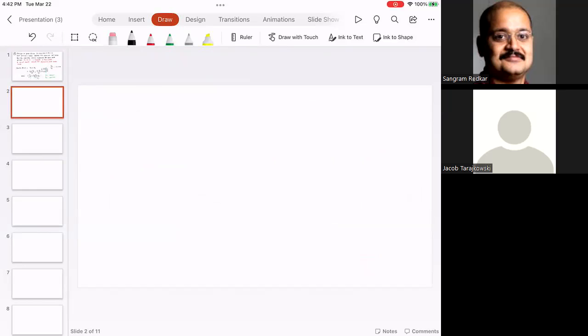Second step, we need to find out VP, which is the pitch line velocity. Pitch line velocity is pi times diameter of pinion, speed of pinion divided by 60, which is the same as pi times diameter of gear multiplied by the speed of gear divided by 60.